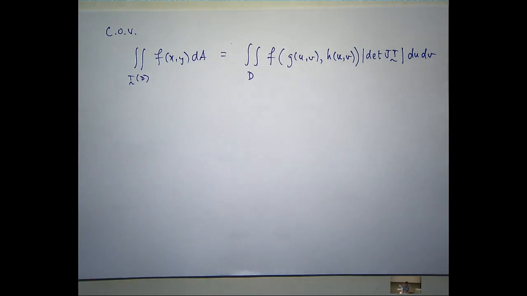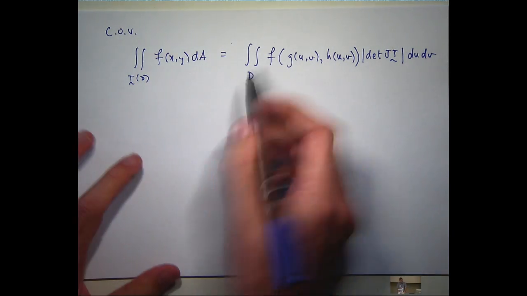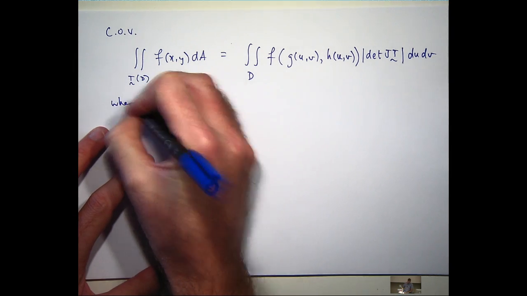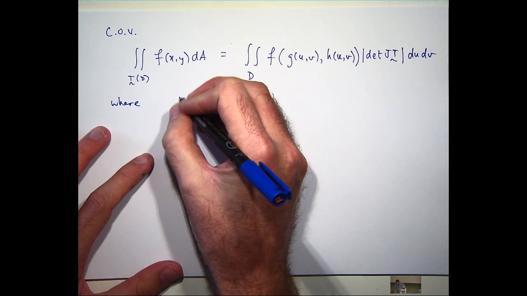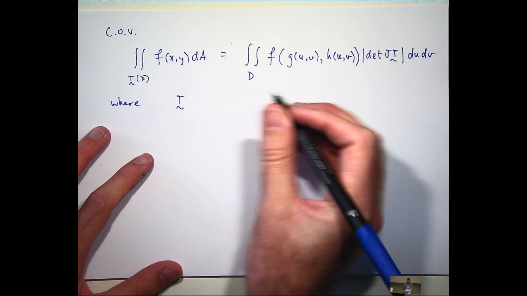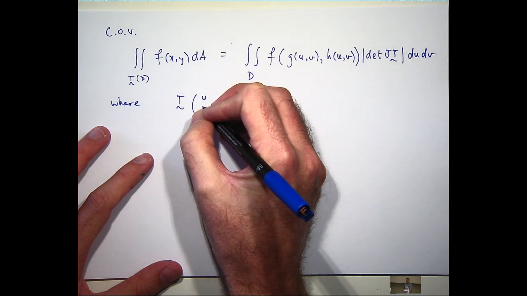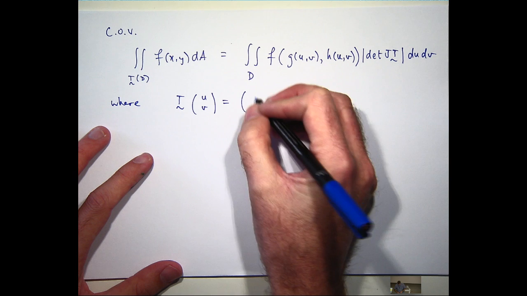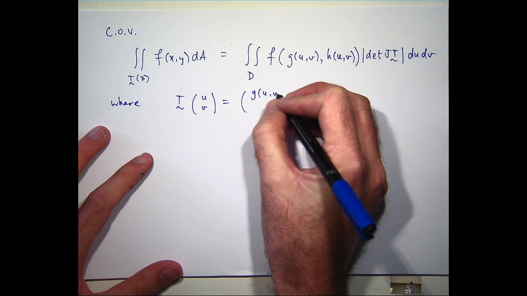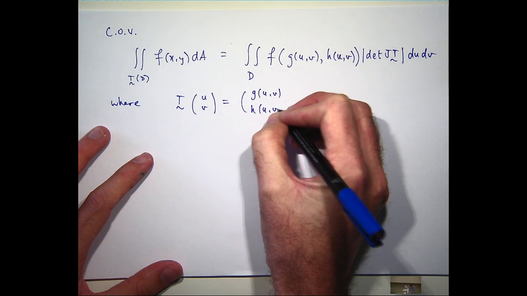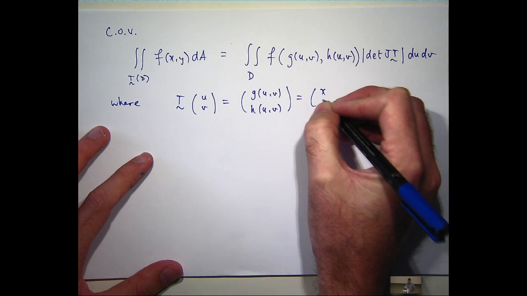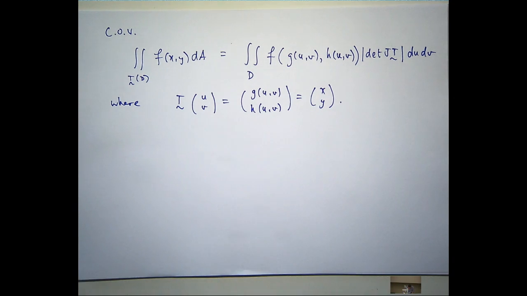For example, if f, g, and h all have continuous partials, that's another assumption embedded into the mix here. And there are some standard assumptions on your T.